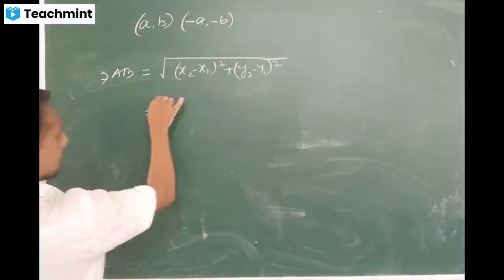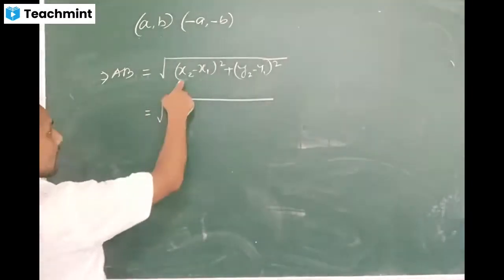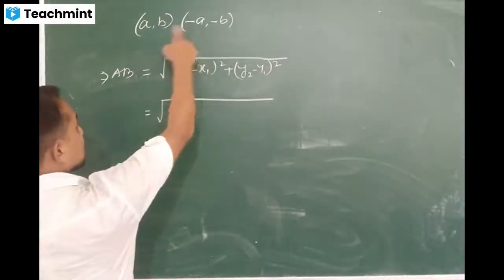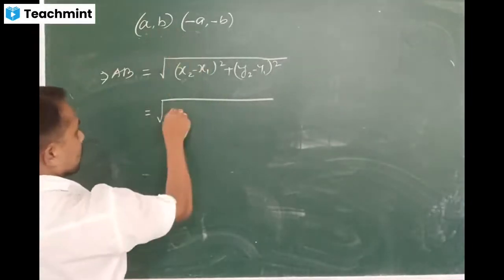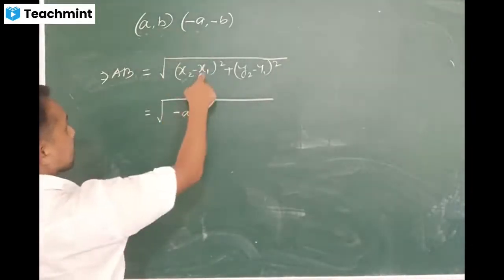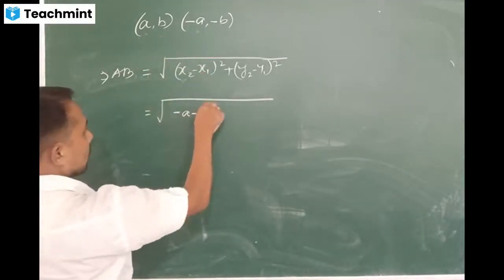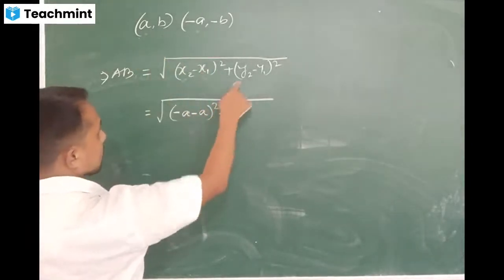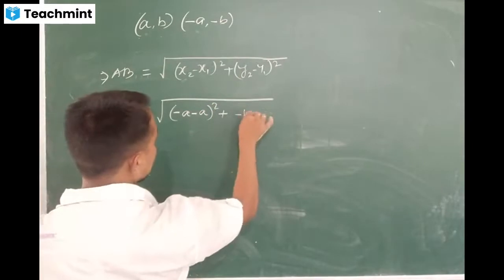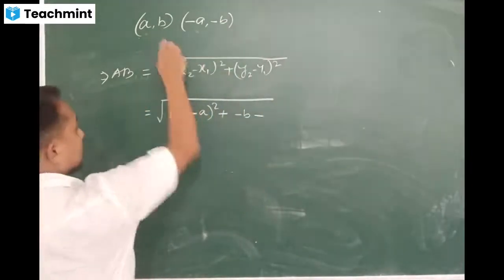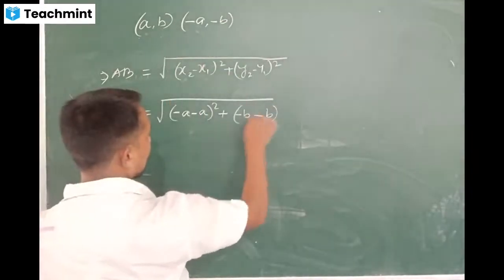Here x2 is minus A, minus x1, which is A, whole square, plus y2, that is minus B, minus y1, which is B, whole square.